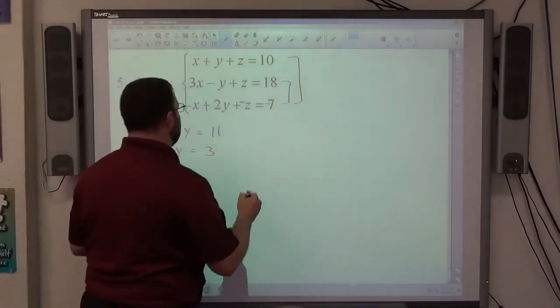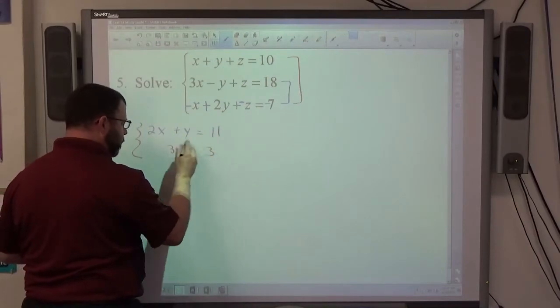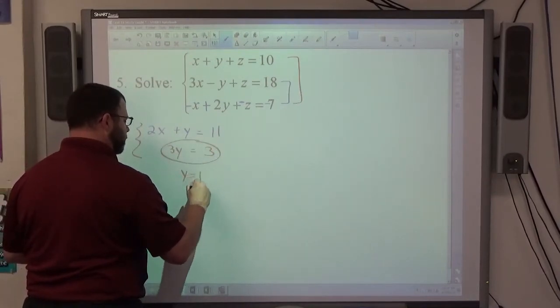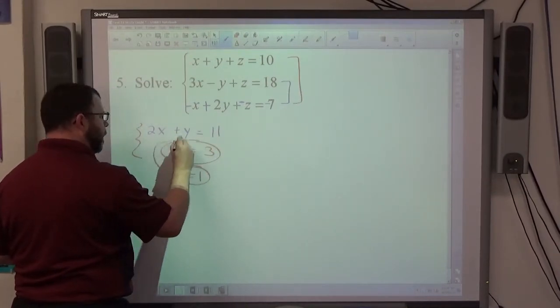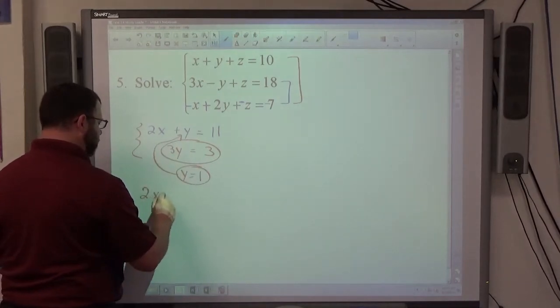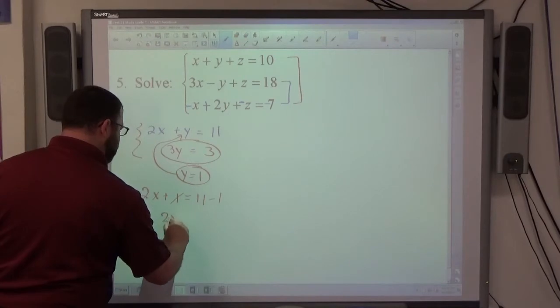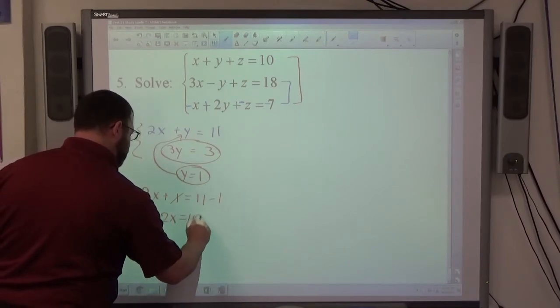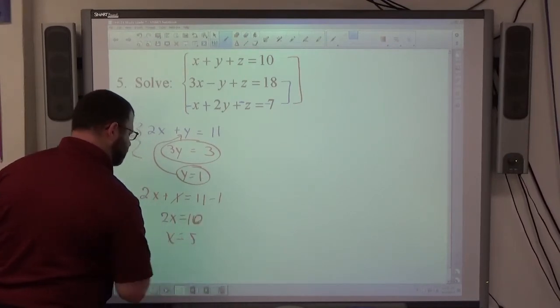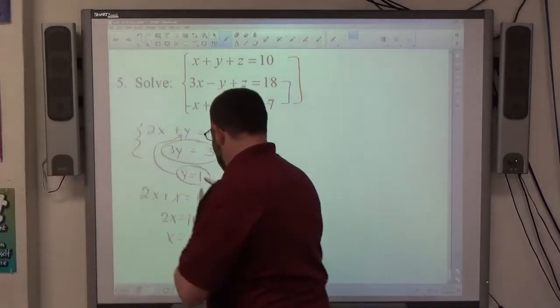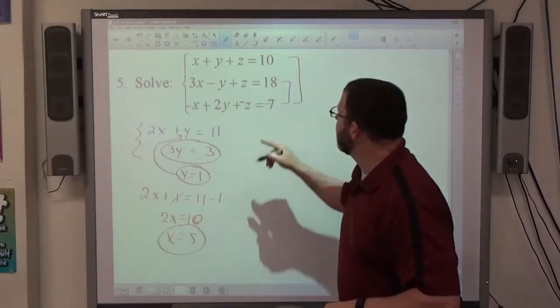The easiest way to solve this is to realize that this equation tells me that y equals 1. Y equals 1 by substitution means 2x plus 1 equals 11. So 2x equals 10. So x equals 5. And once I know what x and y equal, I go back to any one of the equations.